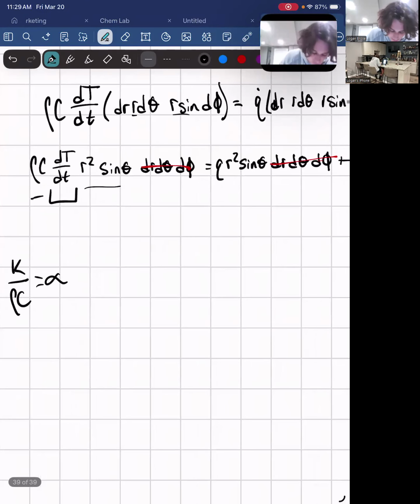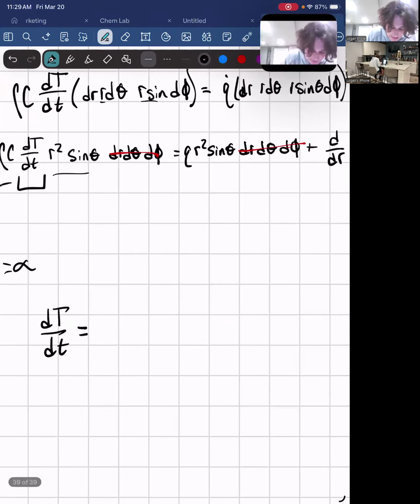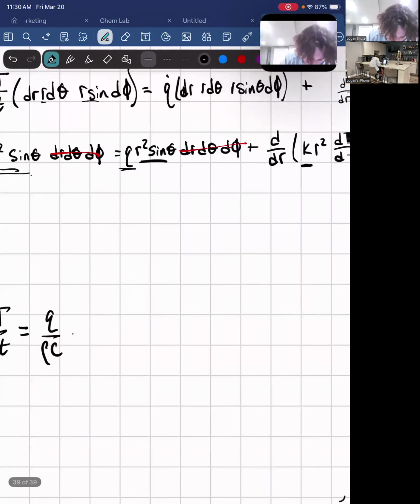And so when we look at this, we have our dT/dt equals, so we'll start with this first term. It'll be Q over rho C, and then our r squared and sine cancel, so all that's left is the Q over rho C plus, and now I'll factor out our thermal diffusivity out of all three of those terms.